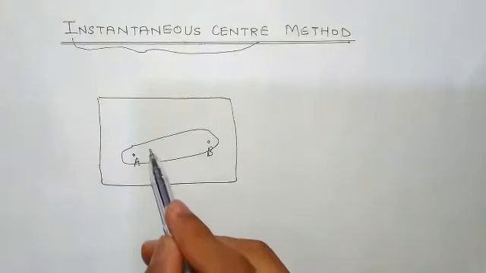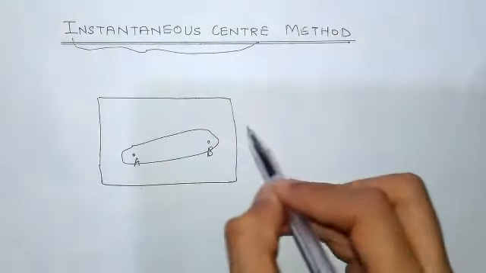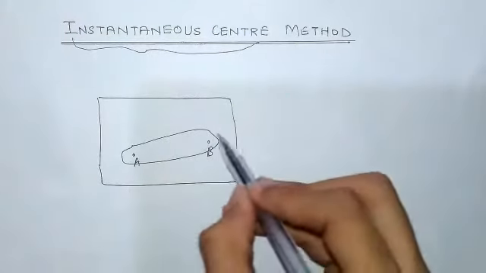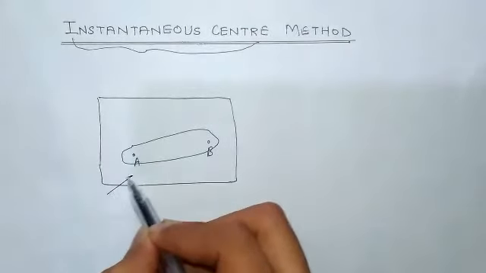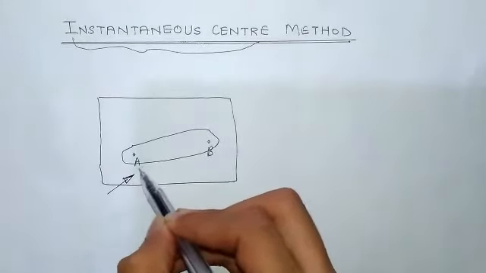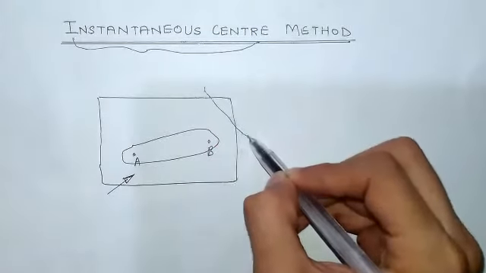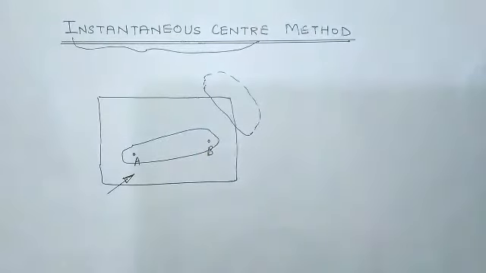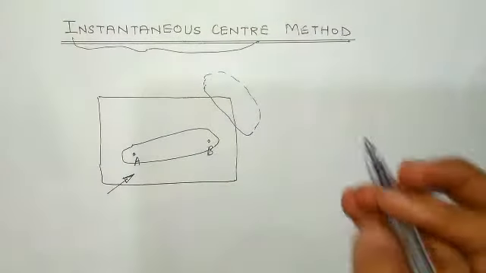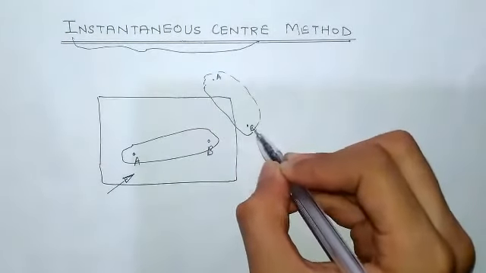When I apply some force to this body, it changes its position. Let us say I apply some force in this direction, and the body takes a new position. Let us say this is the new position of A and this is the new position of B.